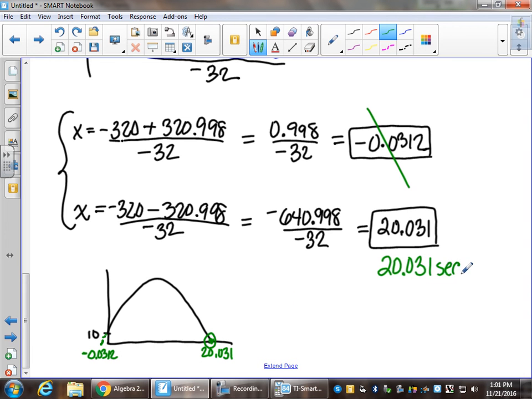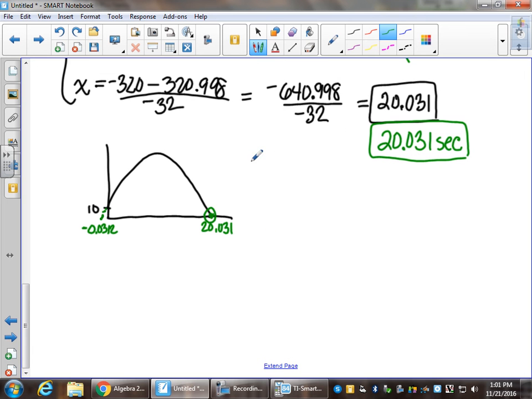20.031 seconds. We do want to have all of our prior knowledge in mind. So if I ever ask you to say, when does something hit the ground? Remember, ground equals 0, and that will be factoring, if possible. If factoring is not possible, quadratic formula.